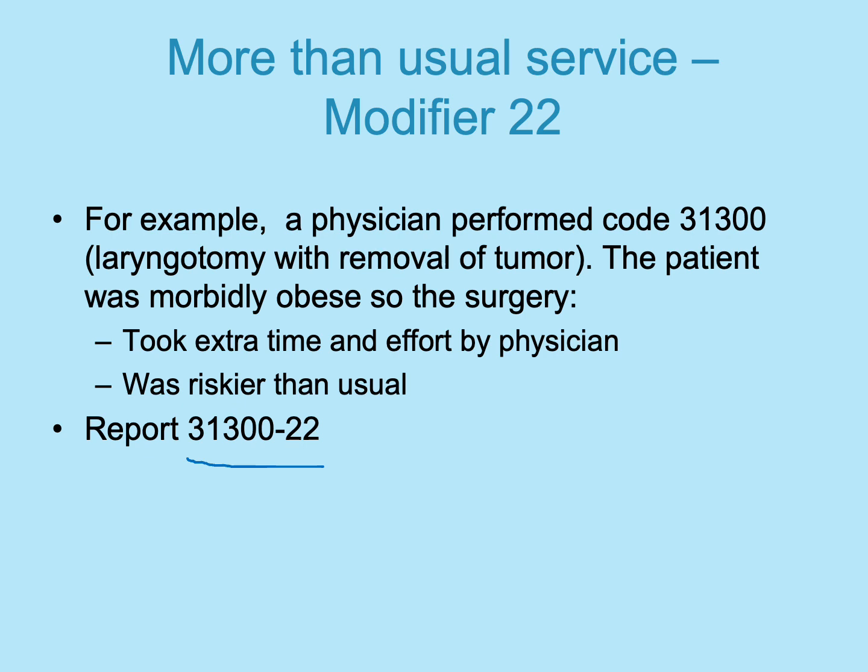And you're going to do that extra diagnosis for morbid obesity, and you're going to send in a report saying this operation usually takes 2 hours, but because it was riskier, it took 4 hours. And the physician had to do XYZ because of the additional risk. And so you send in a report to say why it was riskier, plus you have that extra diagnosis.